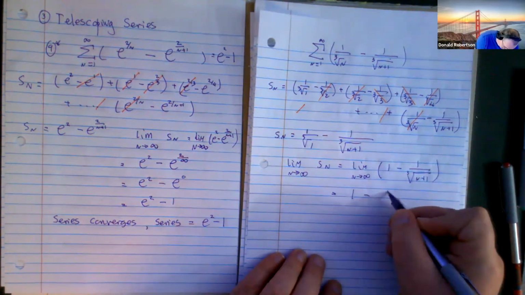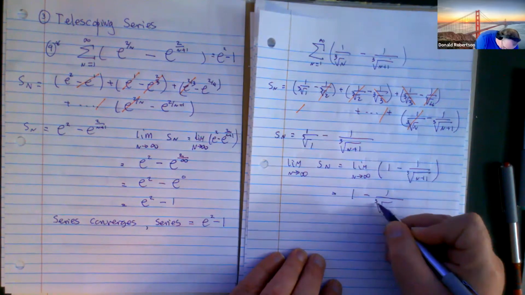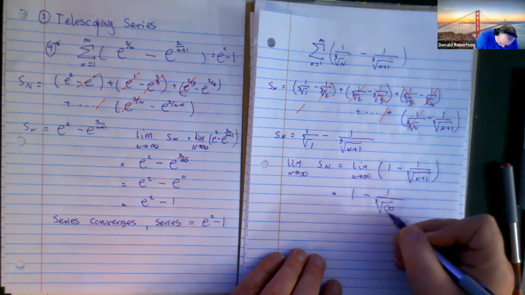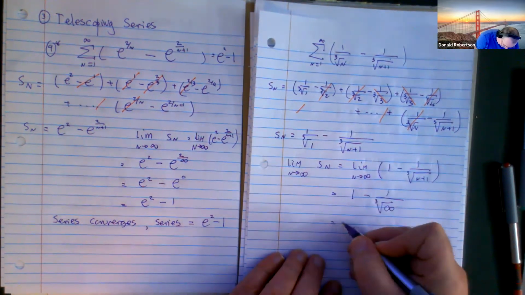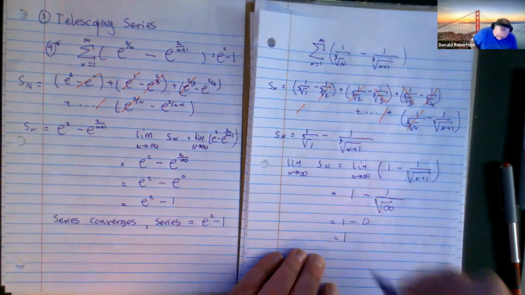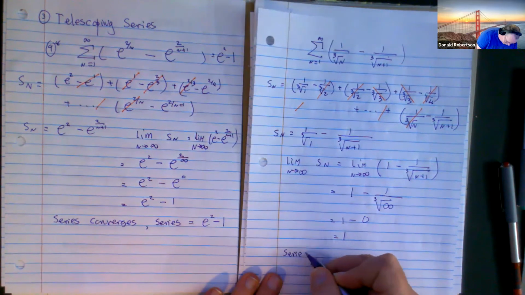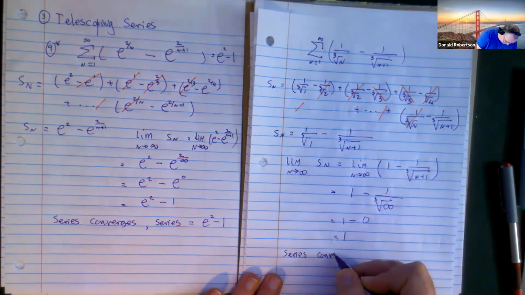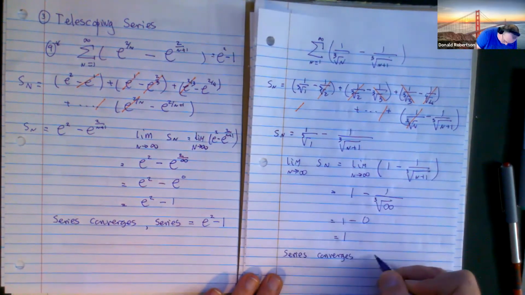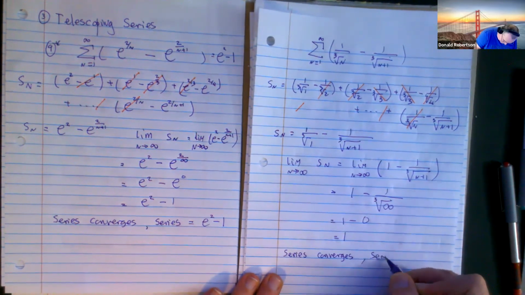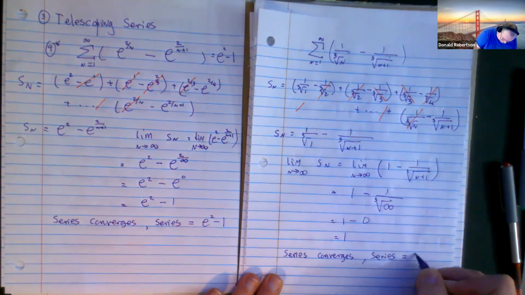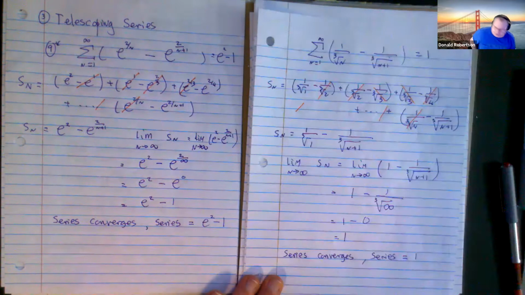We get 1 take away essentially the cube root of infinity, which is infinite, and 1 over infinite is 0. So you get 1. And that means that we know that the series converges. And not only that, as an added bonus, we know that the series adds up to, or converges to, 1.